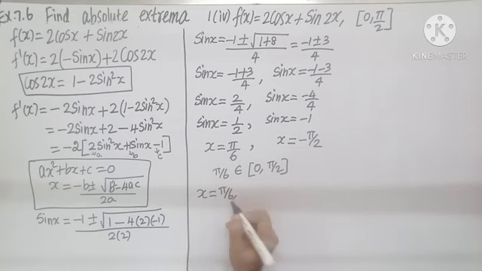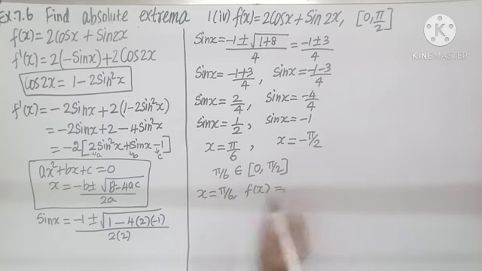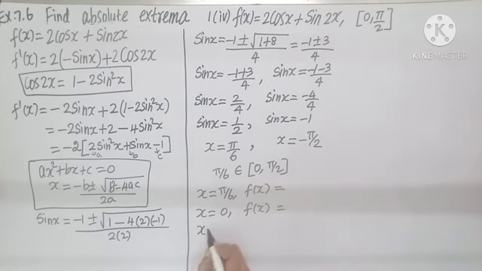Find the value of f of x when x is pi by 6. Find the value of f of x at the end values 0 as well as pi by 2. Choose the minimum and maximum out of the three values.